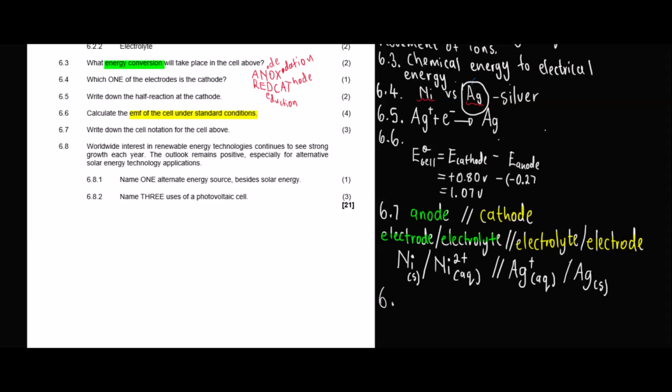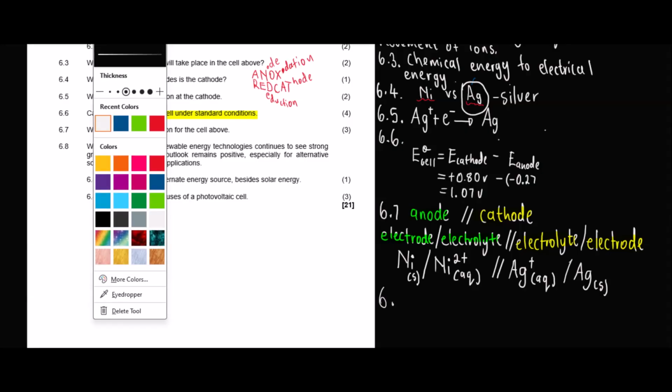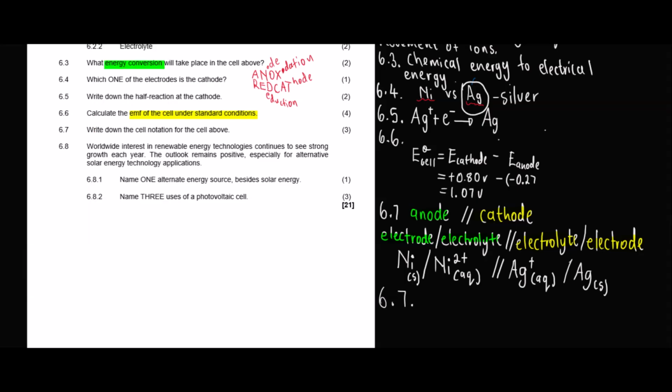There we have the electrode, which is in solid form, and the electrolytes, which are all in aqueous form, and they have the signs there, the 2 pluses and the pluses. Those are our electrolyte. And if you notice closely, our electrodes are in solid form, and they are on the outermost. So we are done with that question.